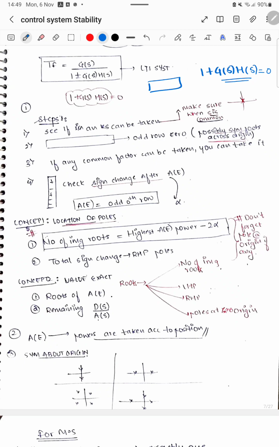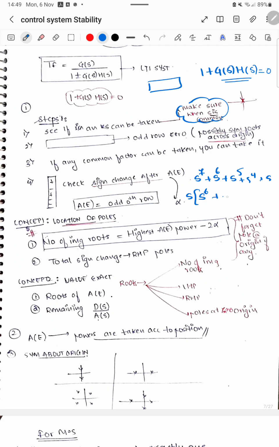Fine. Then what we will be doing is we will be seeing if any s is coming out in common. For example, if the equation is s^7, s^6, s^5, s^4 and so on, and s in the end, in that case you can take s common.